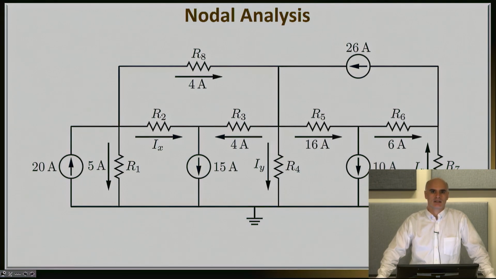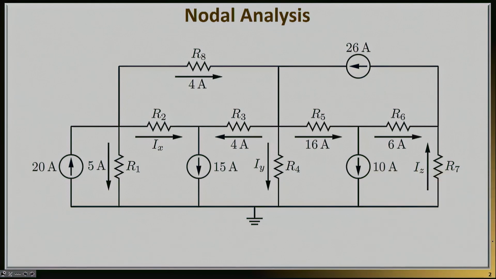applying nodal analysis. If you look at this circuit, it's a fairly complicated schematic, but the main thing that we could be trying to do in a situation like this is to find some unknown currents. For example, you might be interested in finding current Ix, or you may be interested in finding current Iy or Iz.